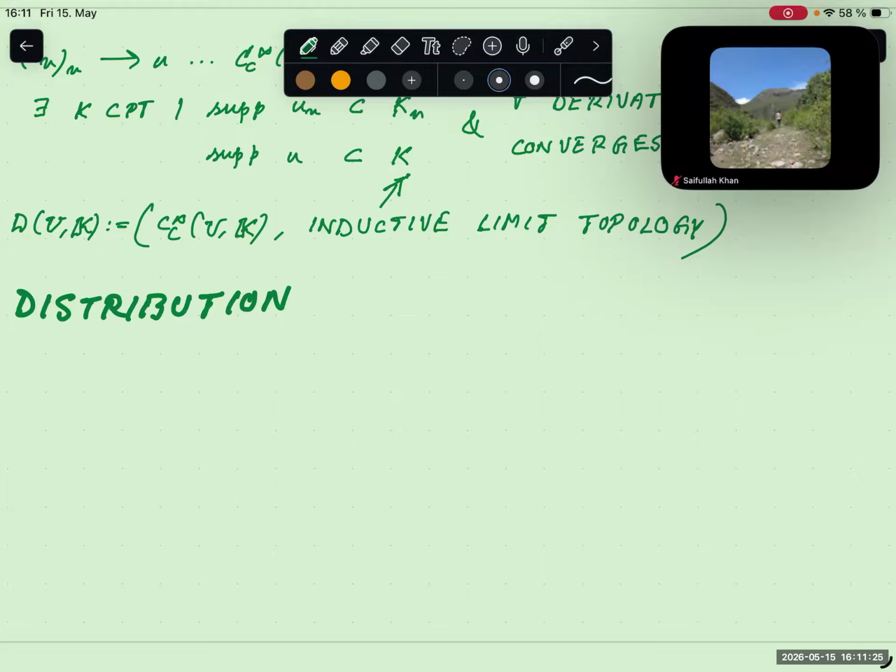In one sentence, a distribution is the topological dual of any of these or some other sets.